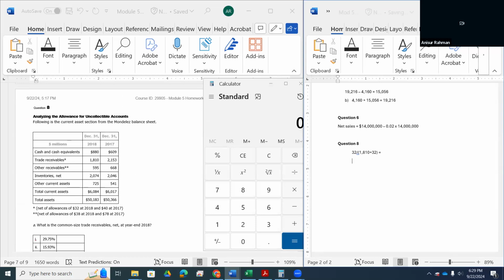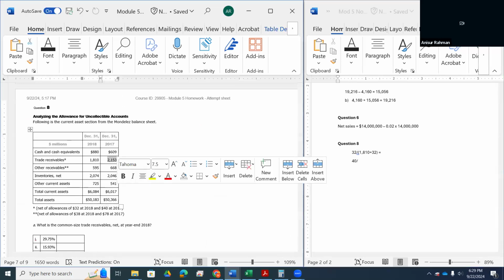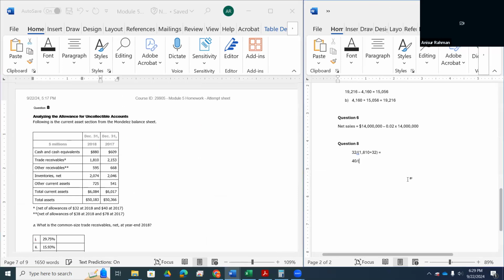our 40 divided by this 40 allowance, 2,153 plus 40. So which is basically 40 divided by 2,193.